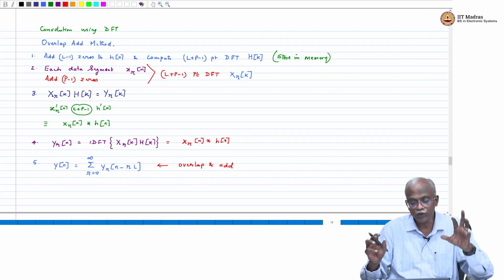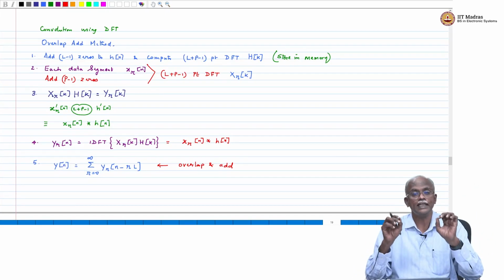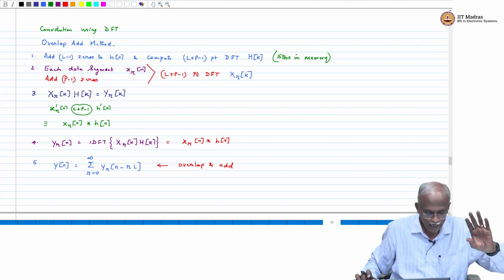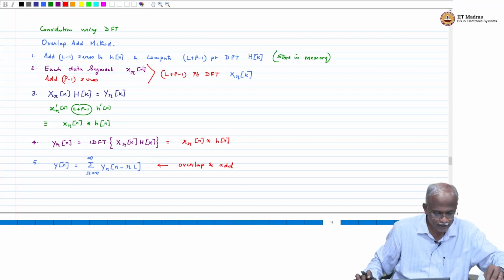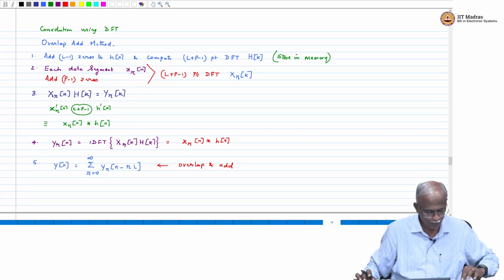So the advantage of doing the convolution using the DFT is the reduction in the number of computations. It's a very, very significant reduction, and we will just refer to what is the level of reduction in terms of complexity, so that then you will be able to appreciate what is going on there.